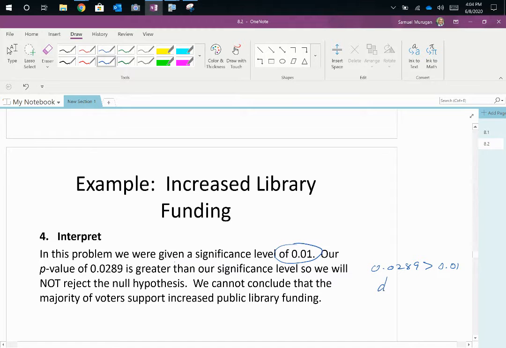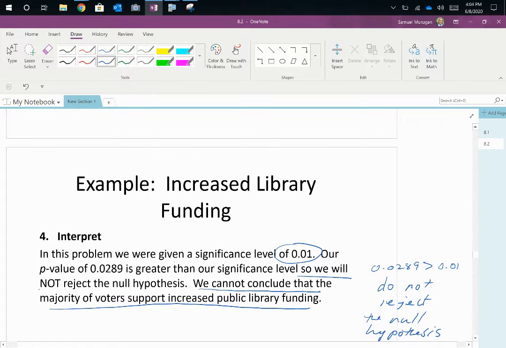So do not reject the null hypothesis. In other words, we're going to agree with the null hypothesis and conclude that the majority of voters support increased public library funding. So we will not reject the null hypothesis.